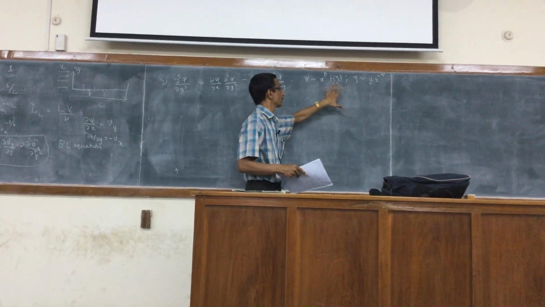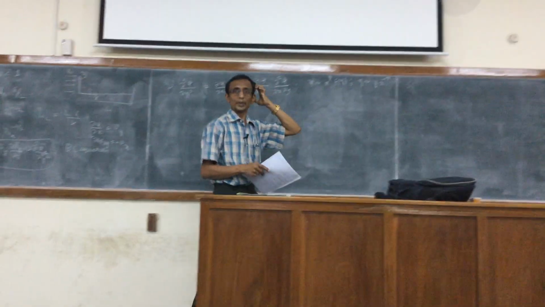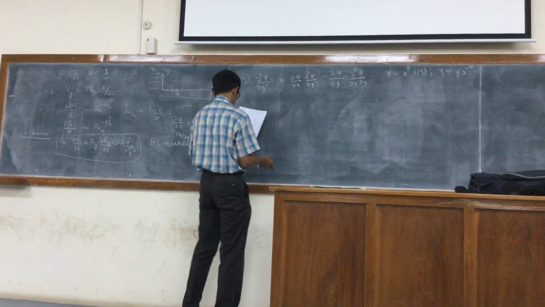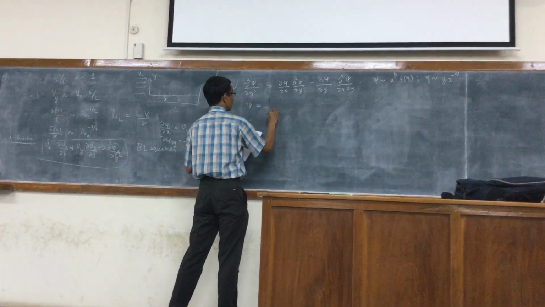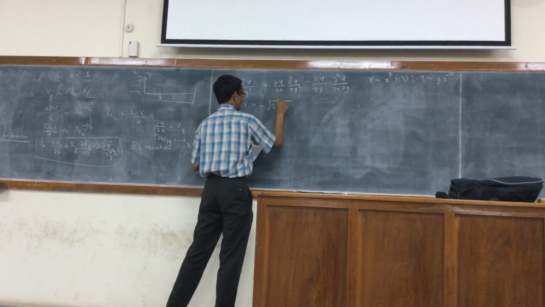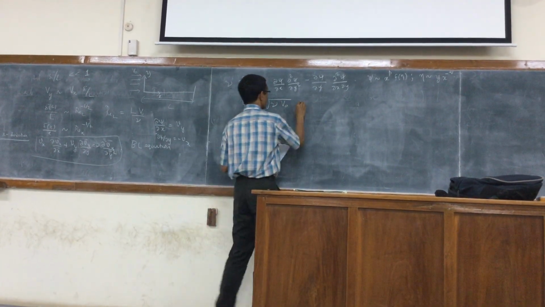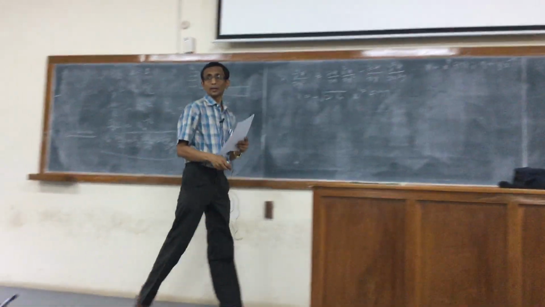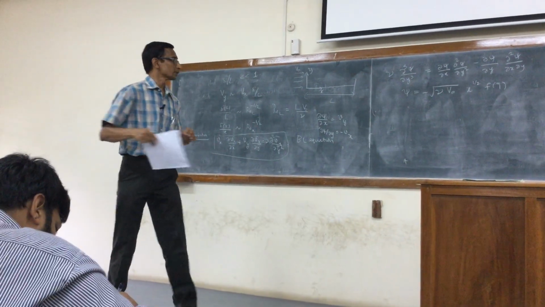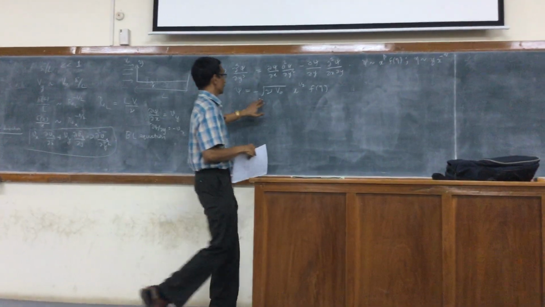I'm not going to explain all the steps of how to find p and q in a general case, but in this case it can be shown that they take the following forms. Constants also have to come in. These are the forms. This form is very standard, available in all the textbooks.